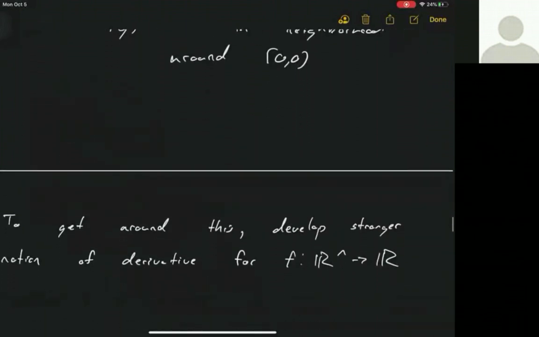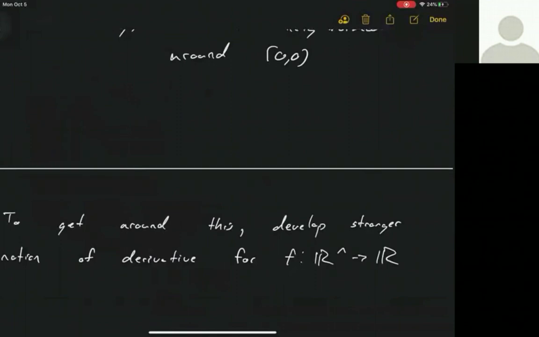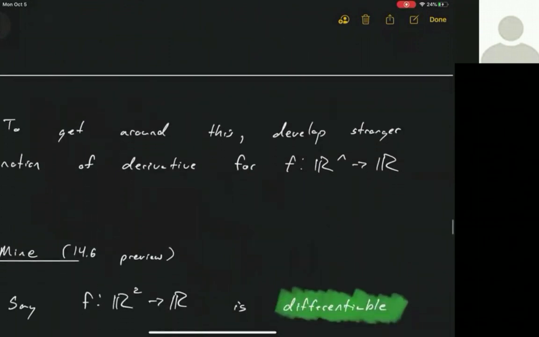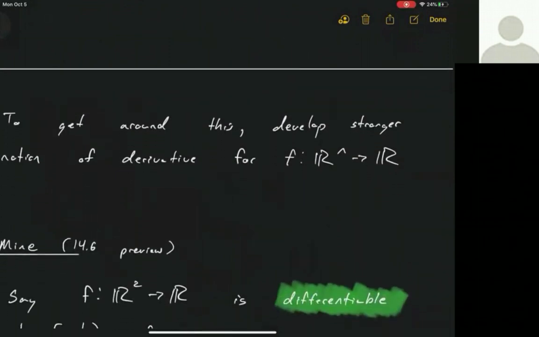There's more going on here than just that, but we can solve a lot of problems if our partial derivatives are continuous. So what we're seeing here is that just the existence of partial derivatives is not enough to guarantee a linear approximation, a tangent plane, that can approximate our function.